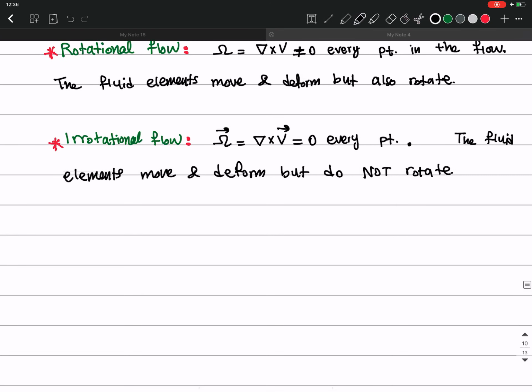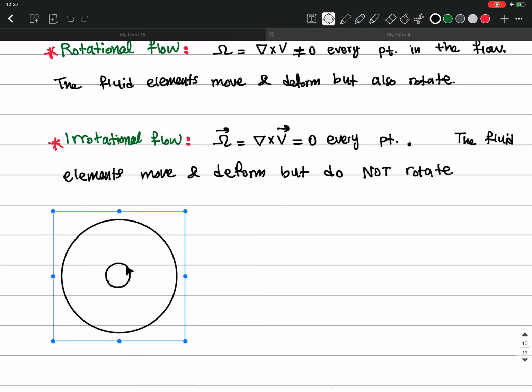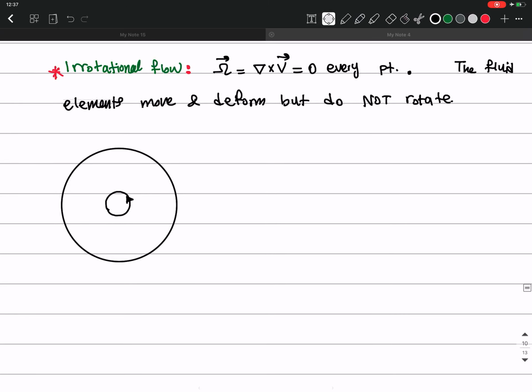So what do I mean by this? Let's say we have some vortex that is rotating the flow counterclockwise, and then in the outer region we have something like this, and we want to see what happens to a fluid particle here.